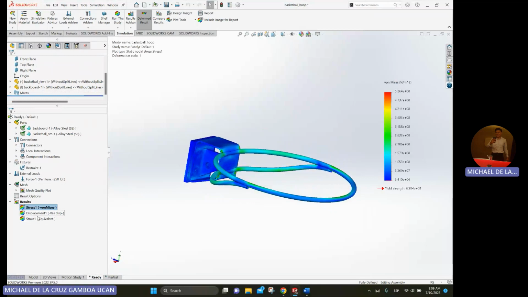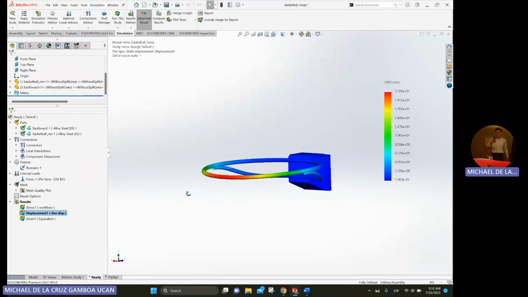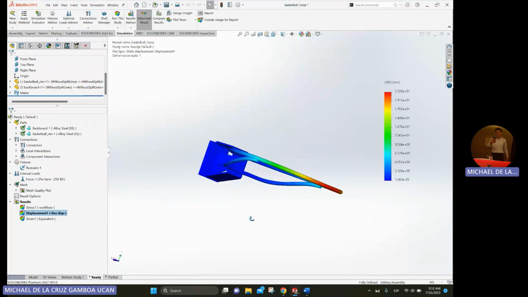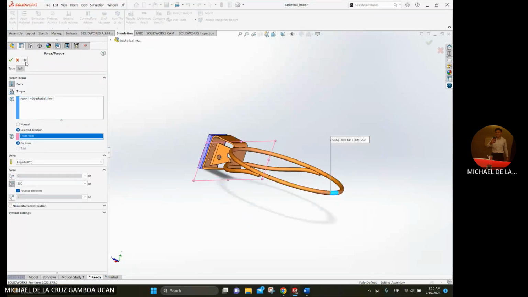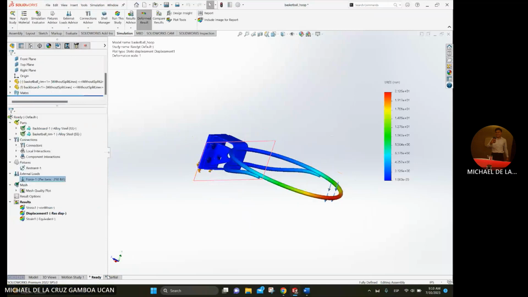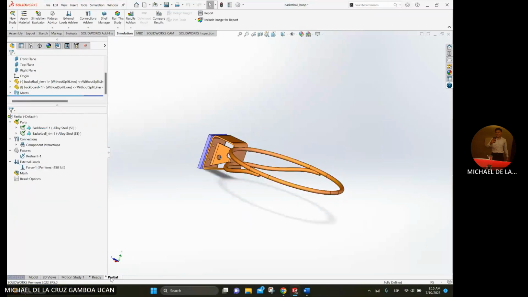In this part and displacement, we can see the really important part of the study. We can see the force is applied. Okay, one moment. The force is applied at this point of color blue on the piece.